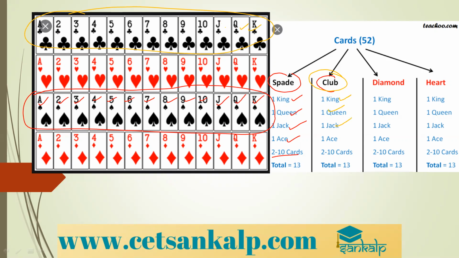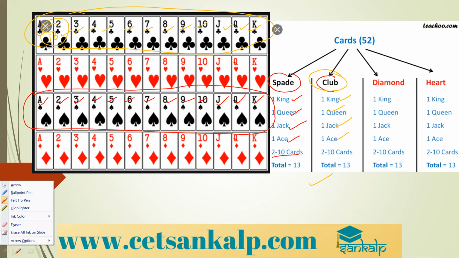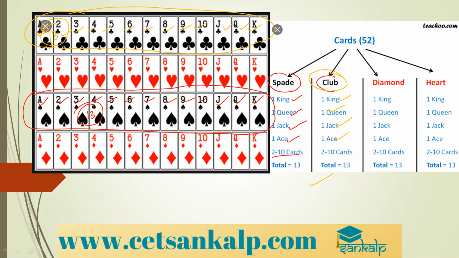Then one ace, and again 2 to 10 cards. 2, 3, 4, 5, 6, 7, 8, 9, 10. So total here we have 13 club cards. In the same way, spade cards also, total 13 are there.